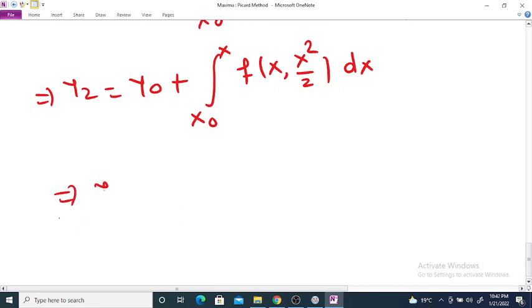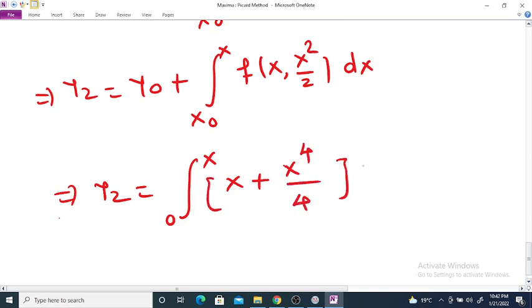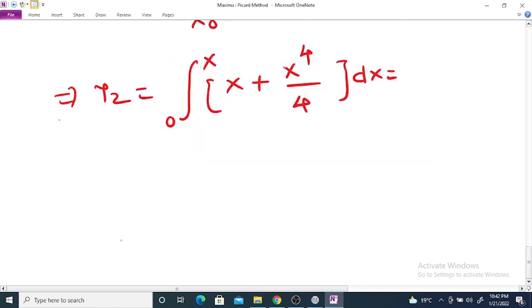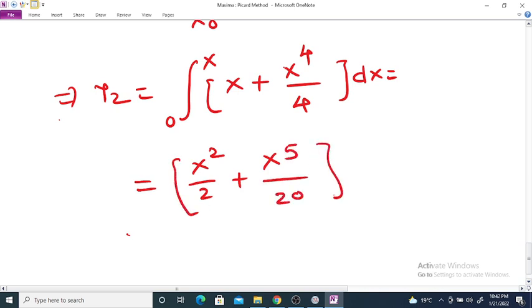So y2 is equal to the integral 0 to x of x plus y square, where y square means x square square, so it is x raised to 4 divided by 4, dx. So this is equal to x square by 2 plus x raised to 5 divided by 20, and the limit is from 0 to x.